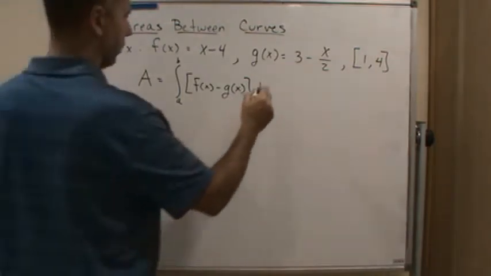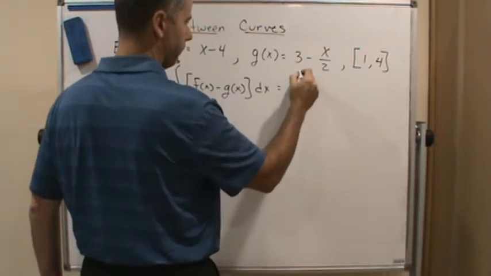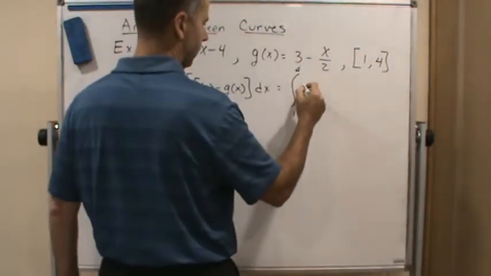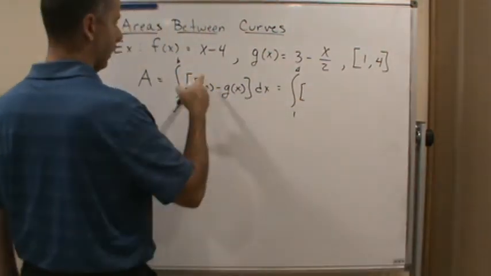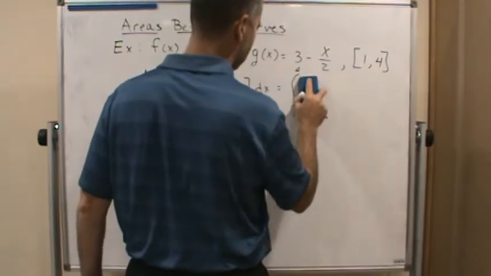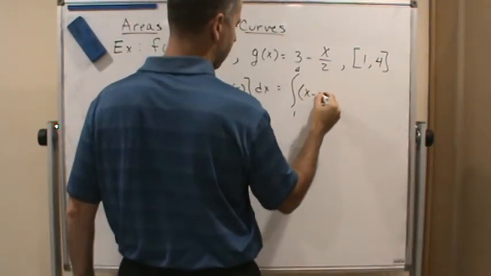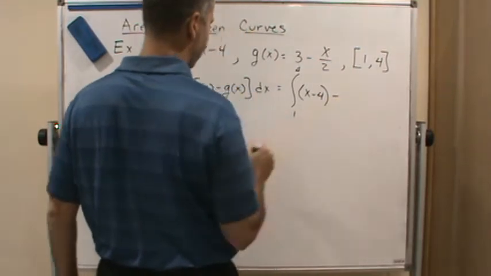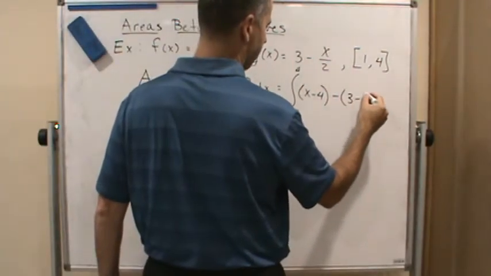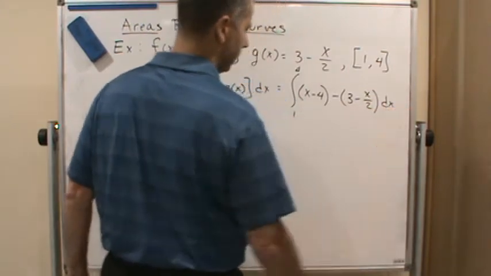So we're going to fill this in. a is 1, so it's going to be the integral from 1 to 4, and it's going to be x minus 4 minus g of x, which is 3 minus x over 2 dx.